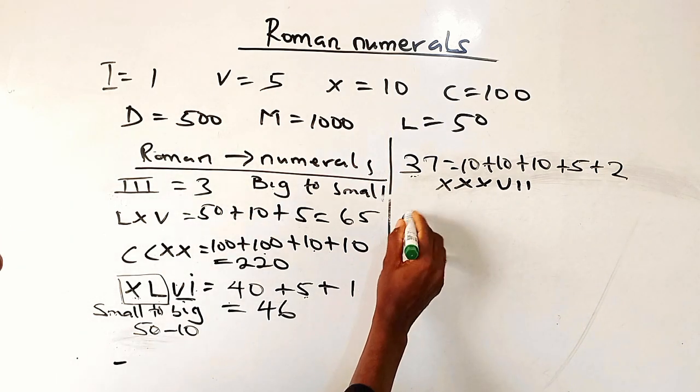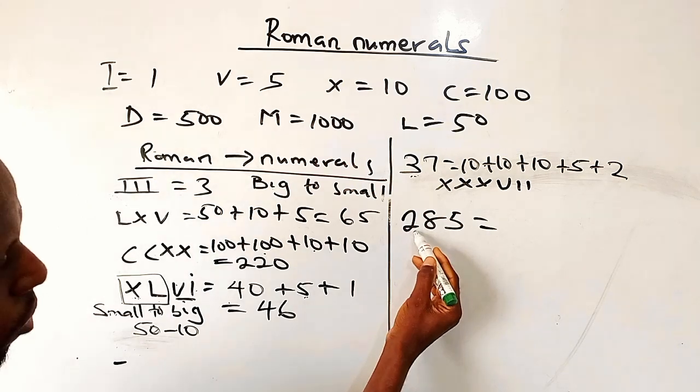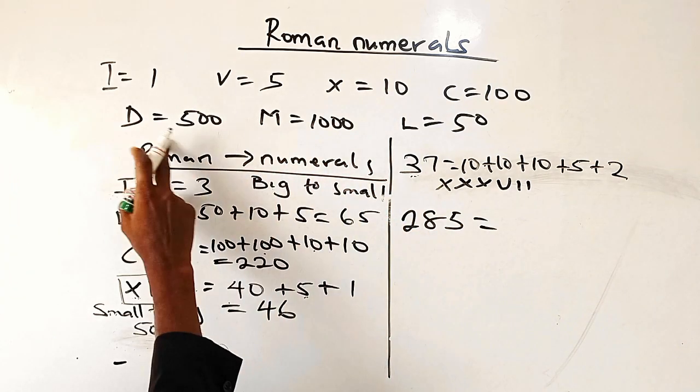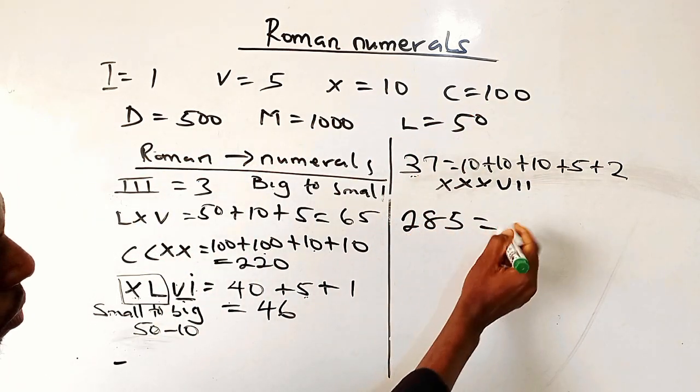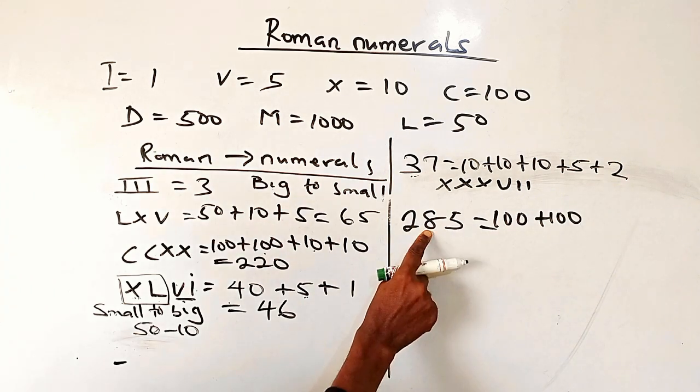If I have a number like 285, how do I write this? For 200, using the standard 100, I can break it down into 100 plus 100, that is 200.